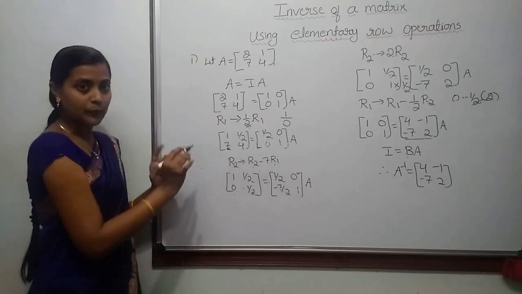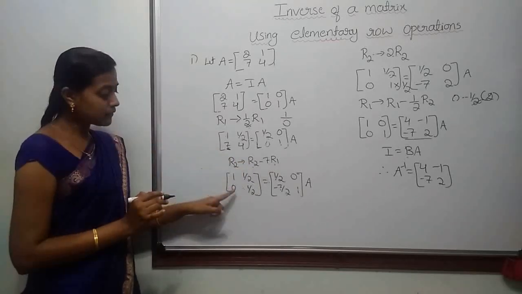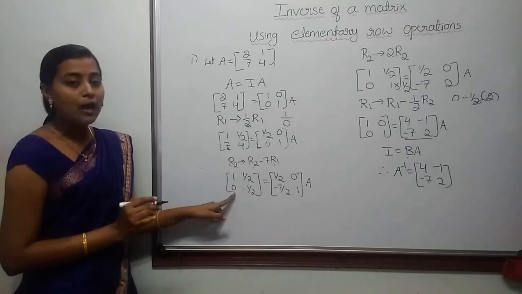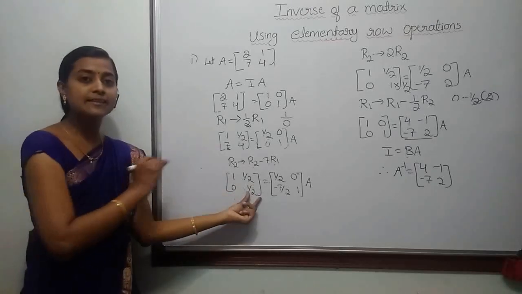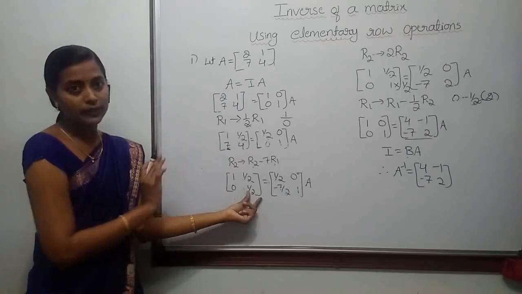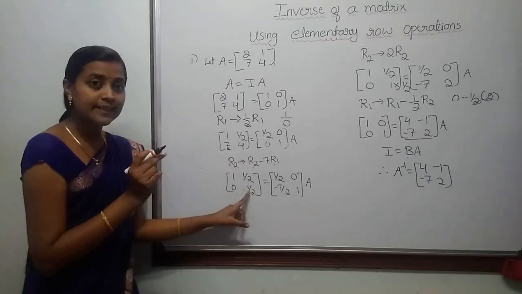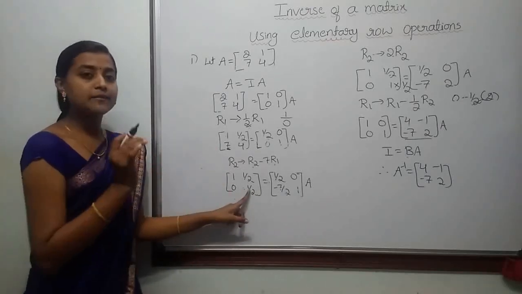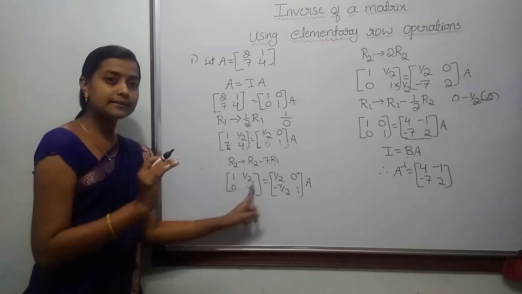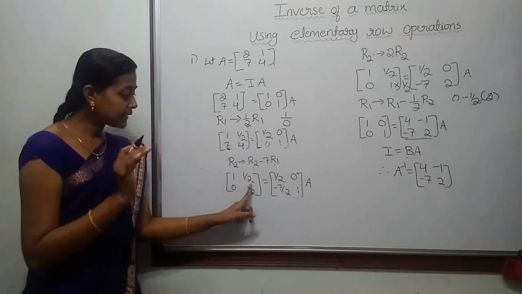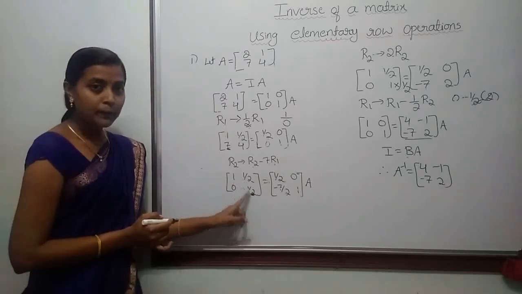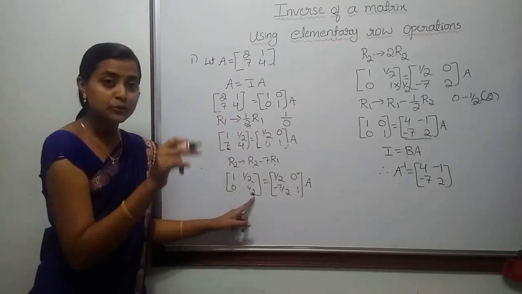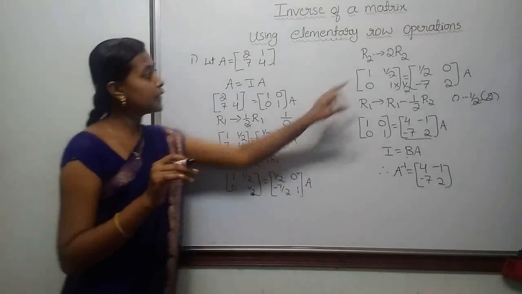Write this result in R2. Then this element will get reduced to 0. After making this 0, the third step is to reduce the element lying in the second row second column to 1. To make this element 1, it is very easy. Multiply this row by the reciprocal of this value. 1 by 2, its reciprocal is 2. Multiply the second row by 2.